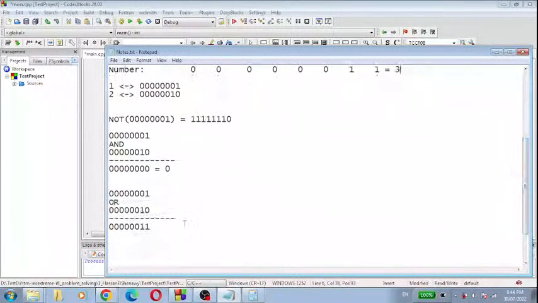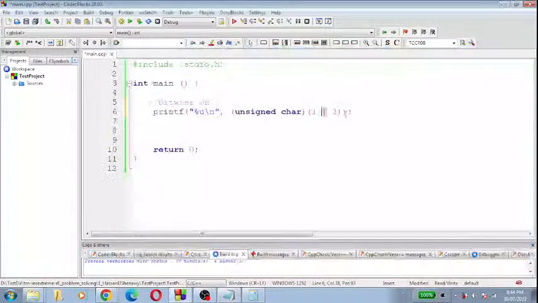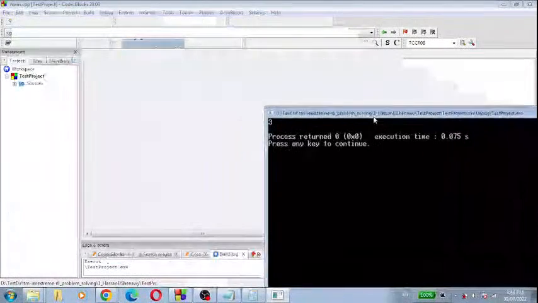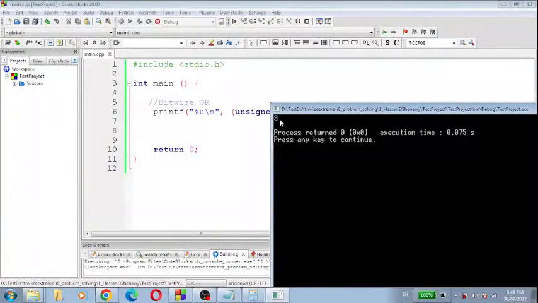So when I run this code, I'm going to get 3, which is 1 bitwise ORed with 2 is 3. Let's run this. Yes, I have 3 here. So that's it.